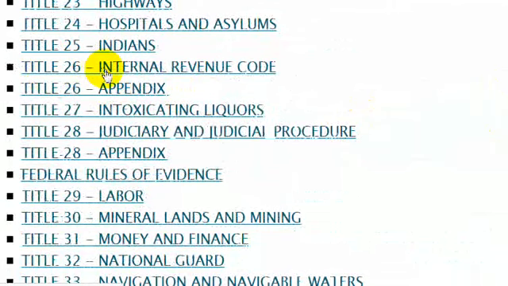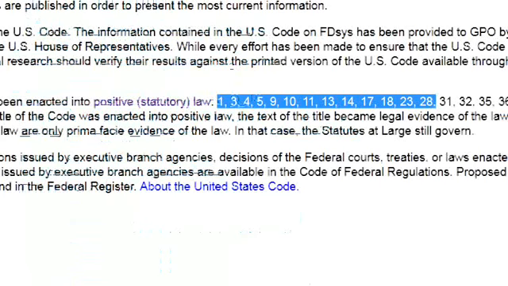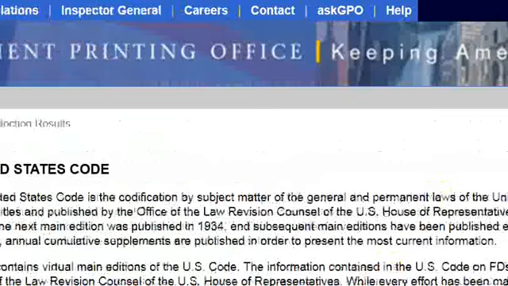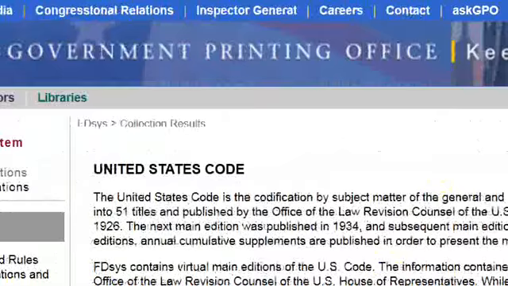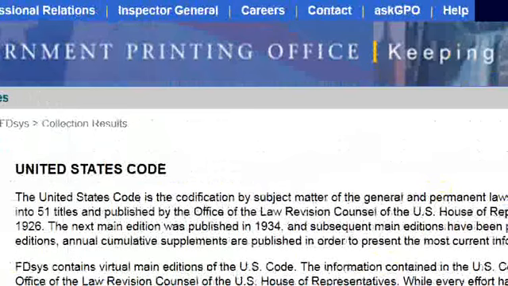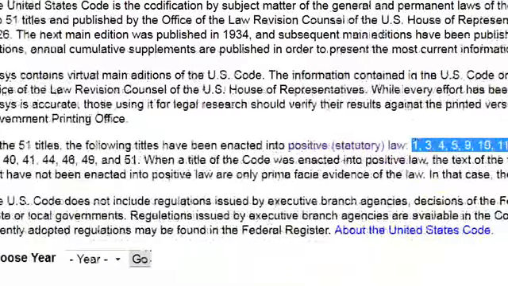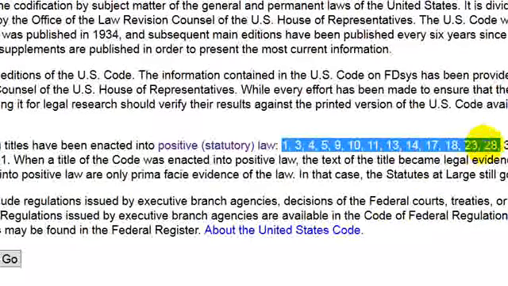Title 26 is the Internal Revenue Code, which is what the IRS uses. However, according to GPO.gov, which is the government printing office, exposing the positive statutory law, Title 26 is not positive law.